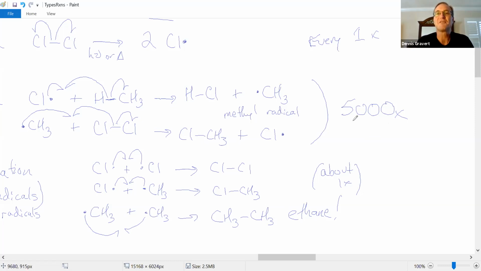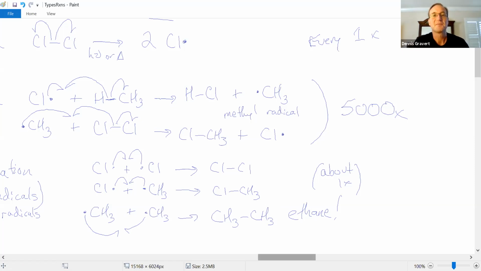And so you get like 5,000 times more chloromethane and hydrochloric acid than ethane. So 5,000 times as much. This is tiny, it's less than a point, what is that, 0.02%? Tiny amounts, trace amounts of ethane. Even less than that, because there's three termination steps.